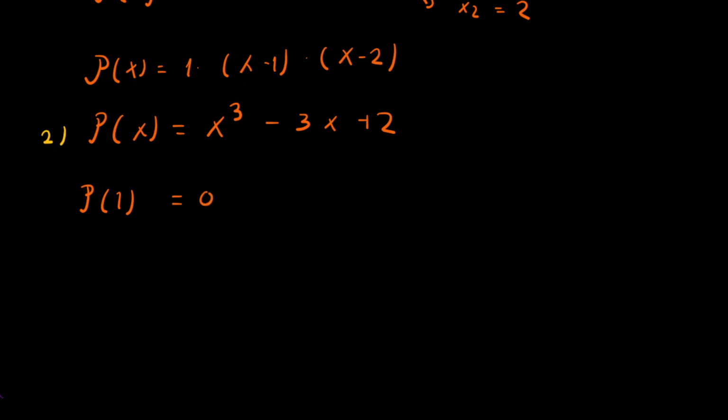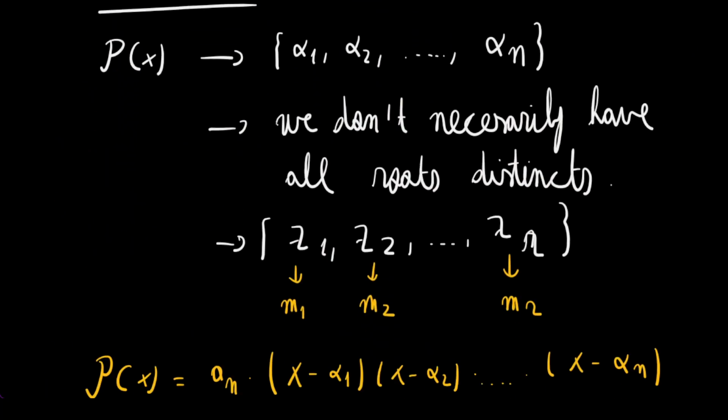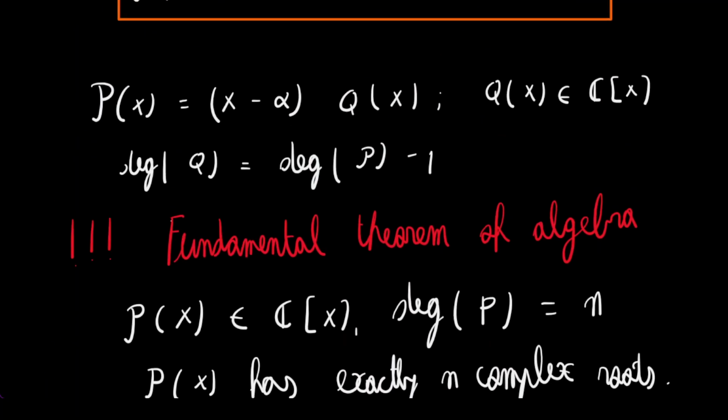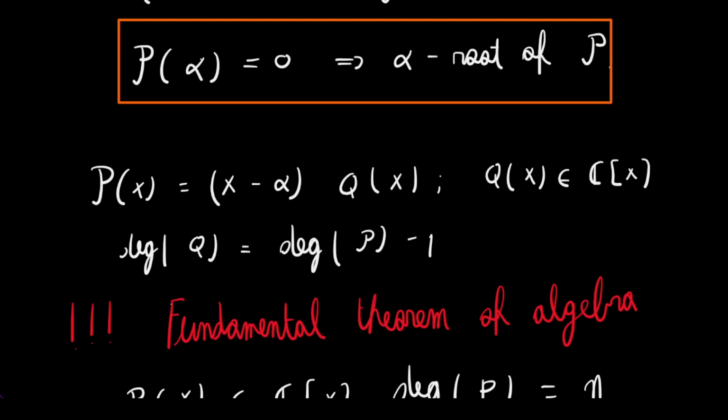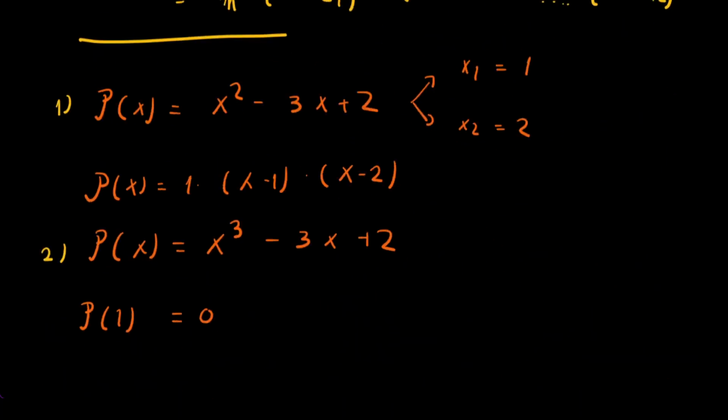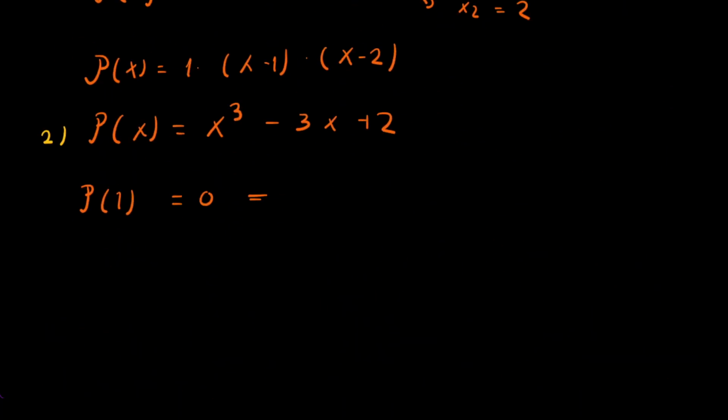And that's exactly what we want, because at the beginning I told you that if alpha is a root, then p of x can be written as x minus alpha times q of x. So you can write p of x as x minus 1 times, let's say, q of x. But how do we find q of x?